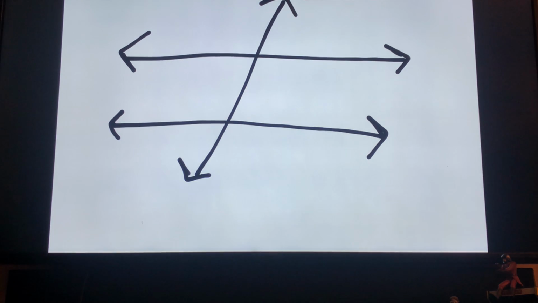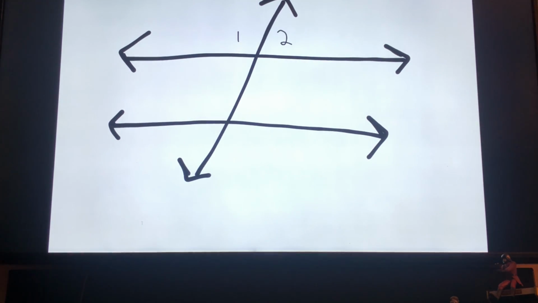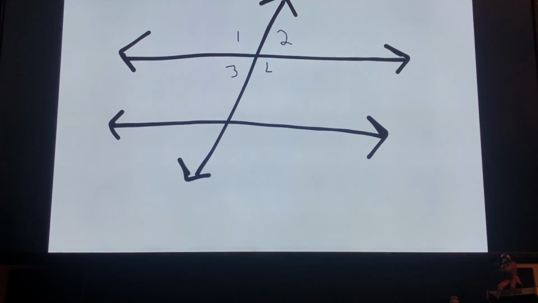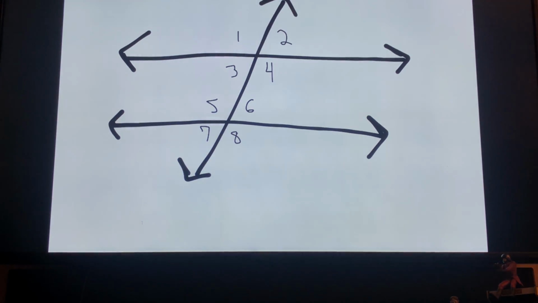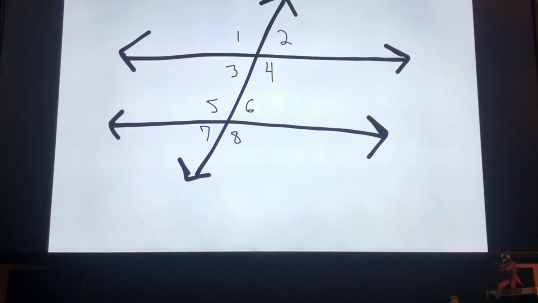So we got 1, 2, 3, 4, 5, 6, 7, and 8. Alright, so let's go ahead and put in some of the information they do give us. It says find the measure of angle 2, 3, and 5 in the figure above if angle 1 is 110. So we know, I'm going to do a different color here so you guys can see, this is 110.